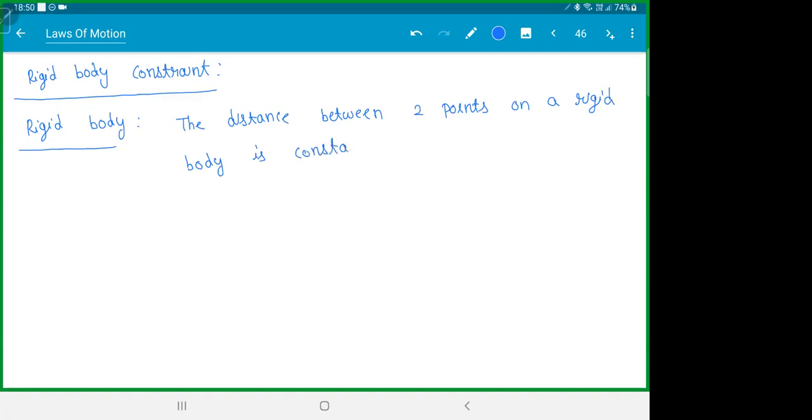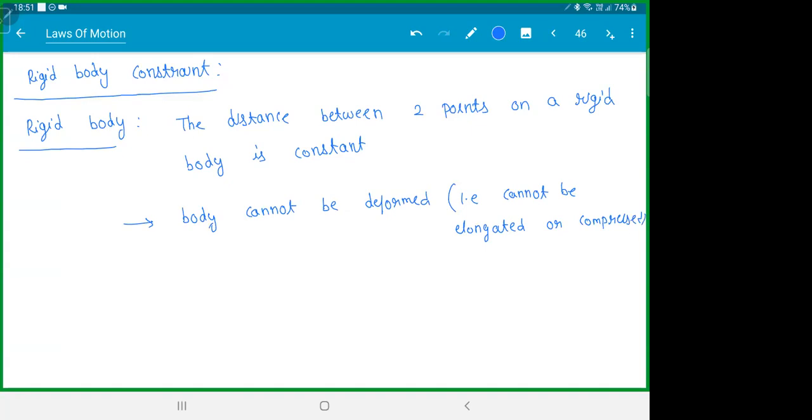And this will be the basis of rotational mechanics, the starting part. Think about the meaning of this statement. No matter what you do, you can't change the distance between them. Matlab, the body cannot be deformed. You can't elongate or compress. Even if you apply infinite force, you cannot deform the body. That is a very important idea.